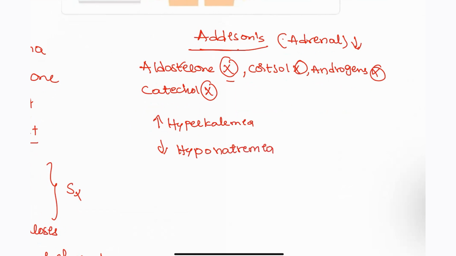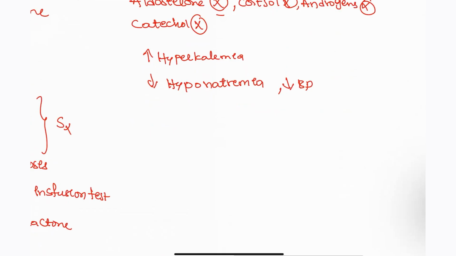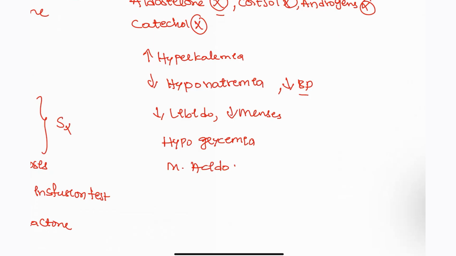And also blood pressure will be decreased, hypotension will be seen. Androgens are low, then the patient will have libido changes and menses changes. Cortisol is decreased, then the patient will have hypoglycemia, right? Catecholamines are decreased, then again low BP will be seen in this patient, and metabolic acidosis will be seen because H plus ions are going to be increased.